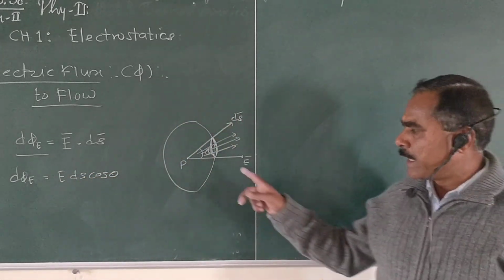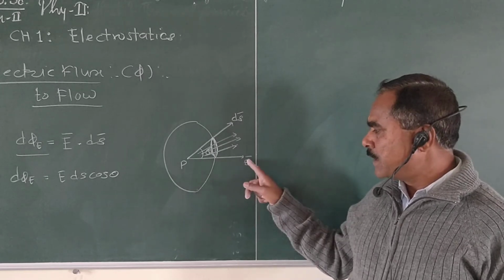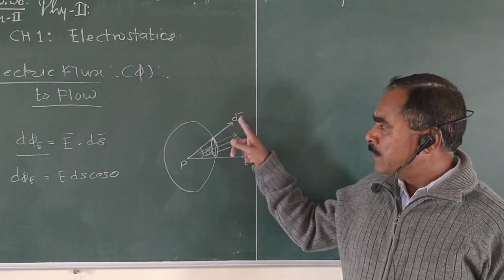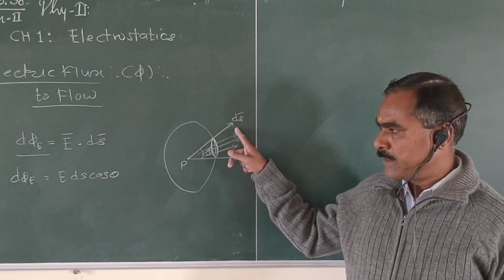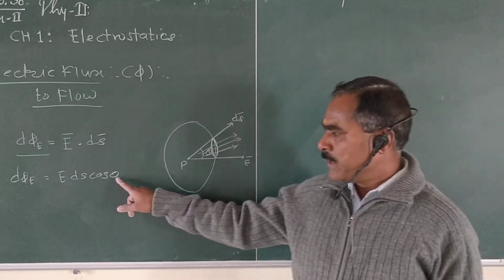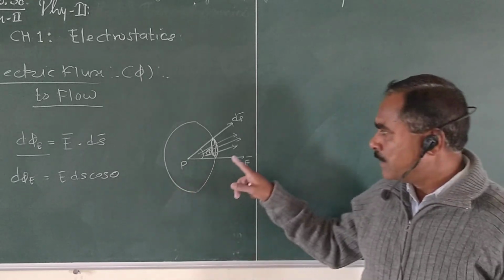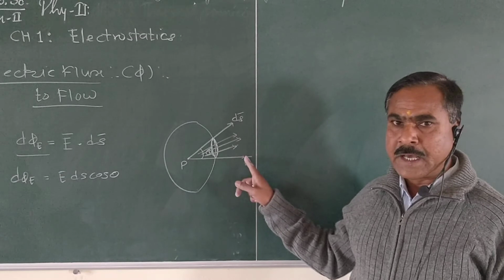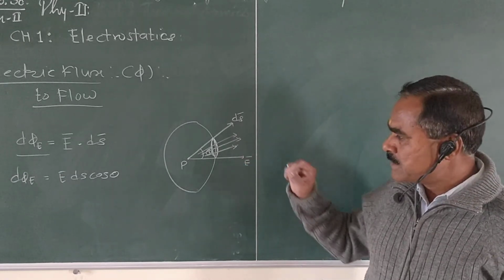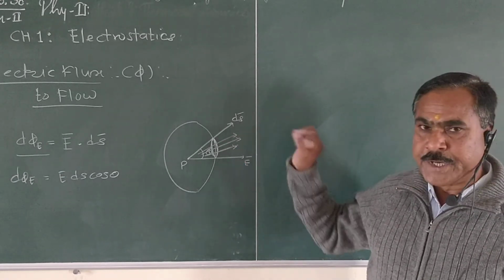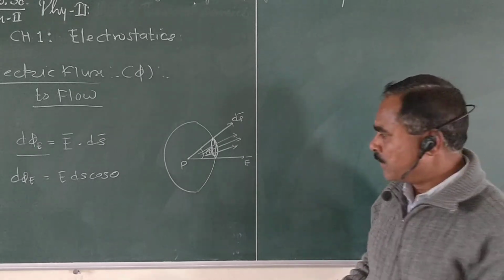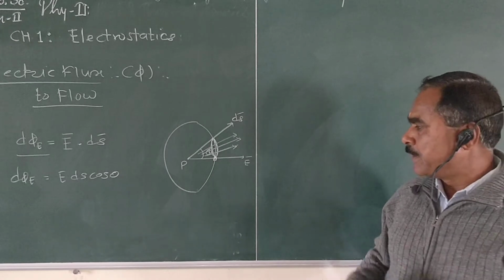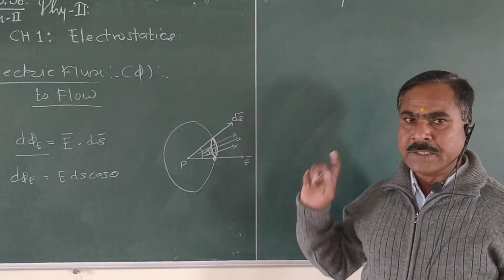Where theta is the angle between the direction of electric intensity and the area vector ds bar. When the direction of electric intensity and the area vector are in the same direction, that means if we consider this area to be very small, then the directions of E bar and ds bar are the same.